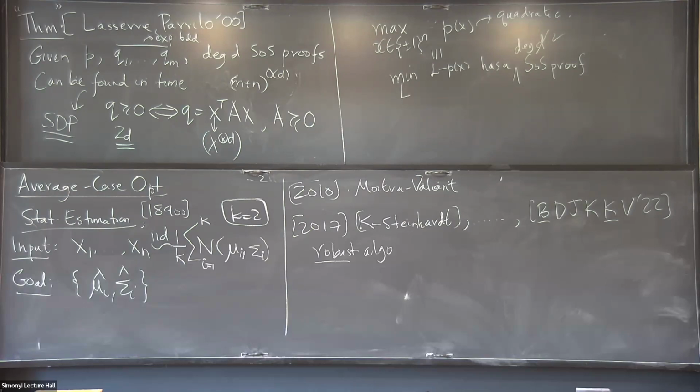So take any measurable bounded function, bounded by one, let's say, and take the difference in the expectations between the two measures, and maximize over all such functions.